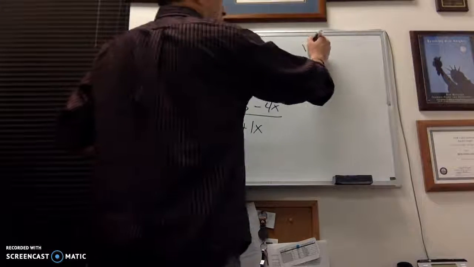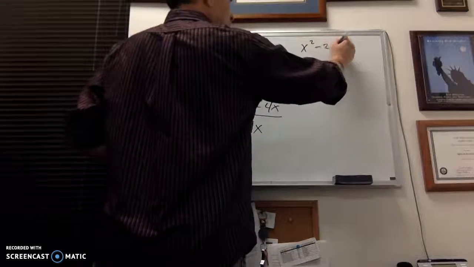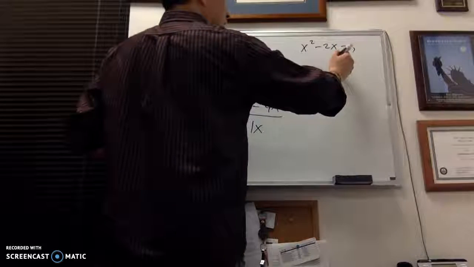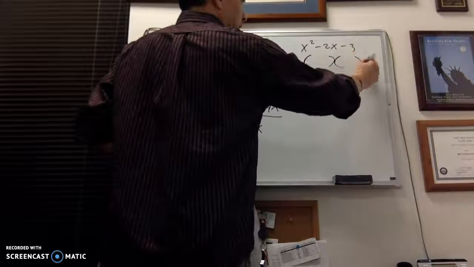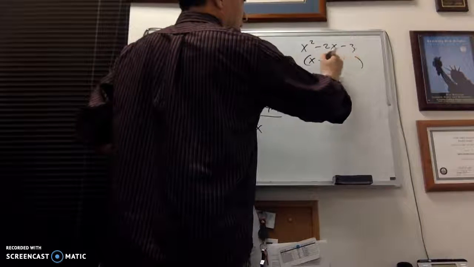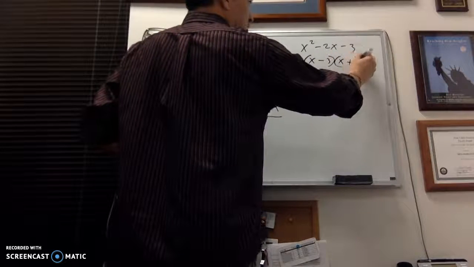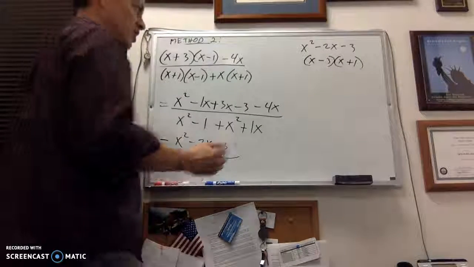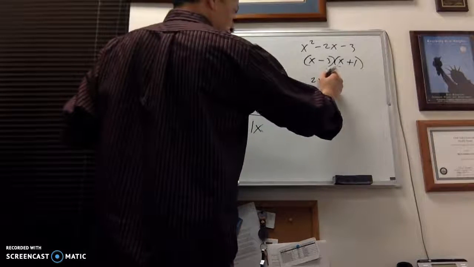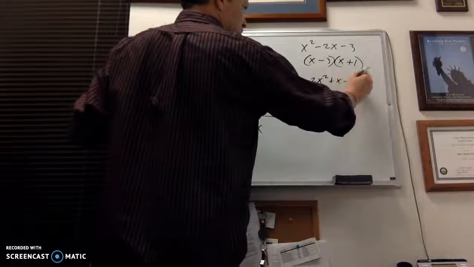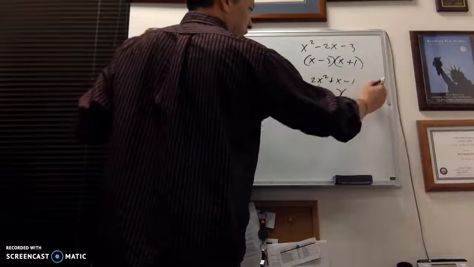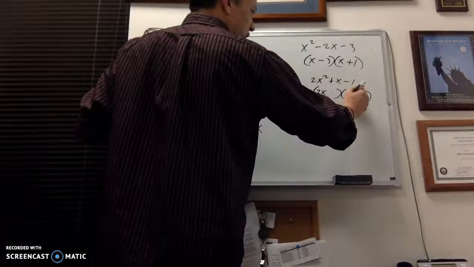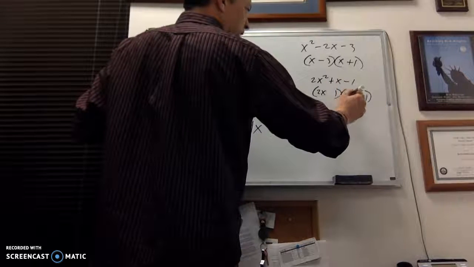Let's take a look at our x squared minus 2x minus 3 real quick. That should factor kind of quick. X minus 3 and x plus 1, I believe, right? Let's take a look at this denominator here with 2x squared plus x minus 1. Let's see if I can factor that real quick. Yeah, it does.